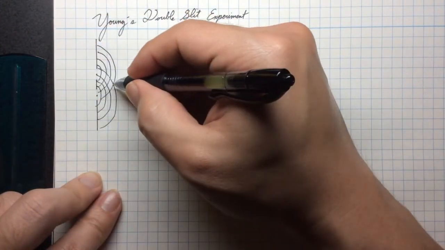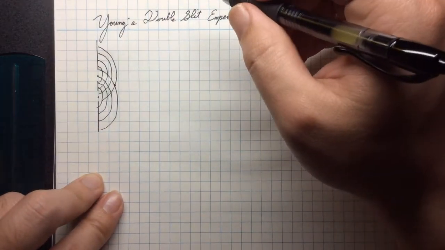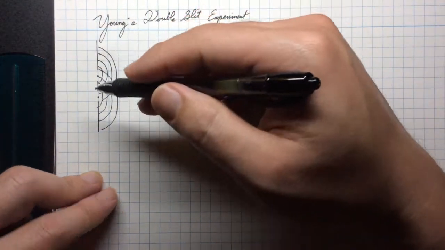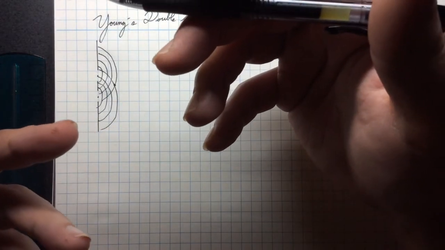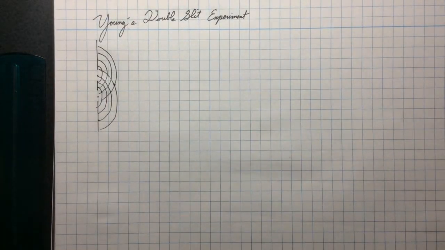And if you notice, right here in the middle, if you call these crests, they would be crest and crest, which would mean that they would be constructively interfering. And in terms of physical waves, like waves in the ocean, they would get taller. In terms of light waves, they would get brighter.